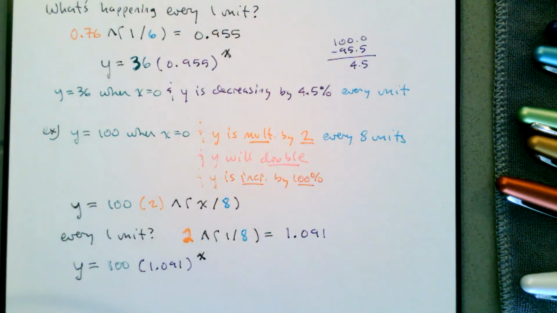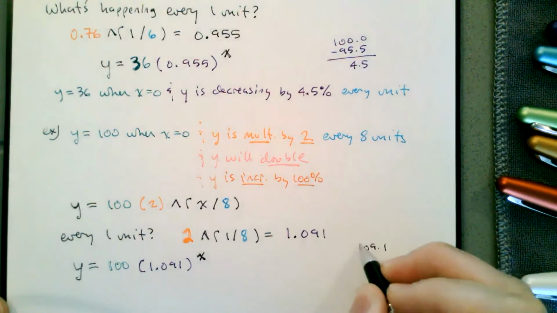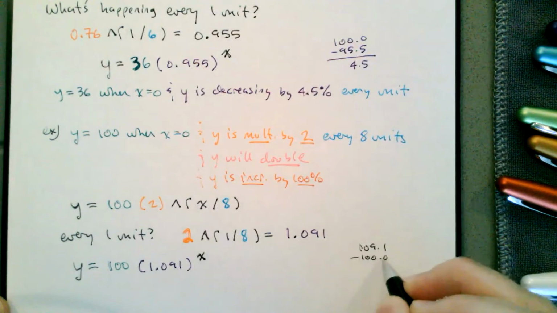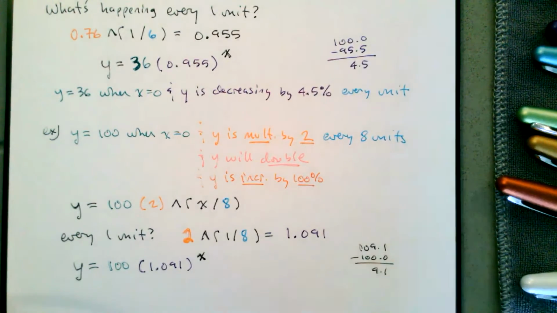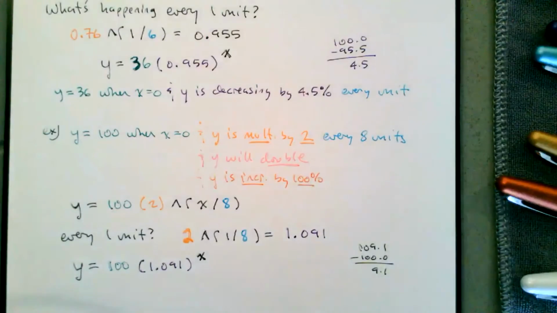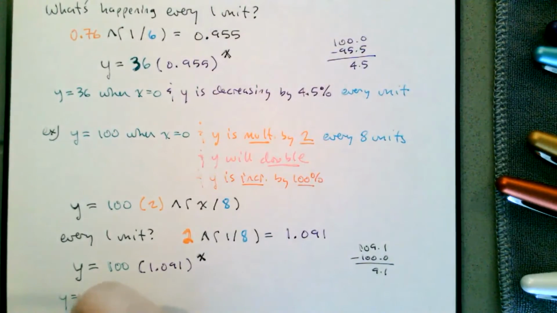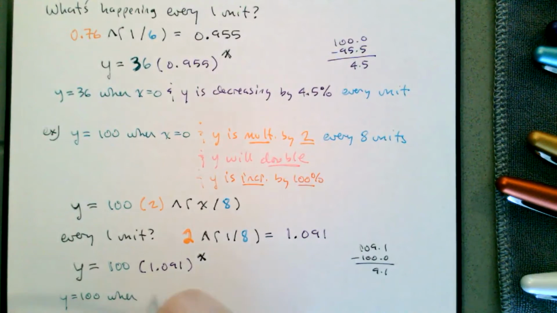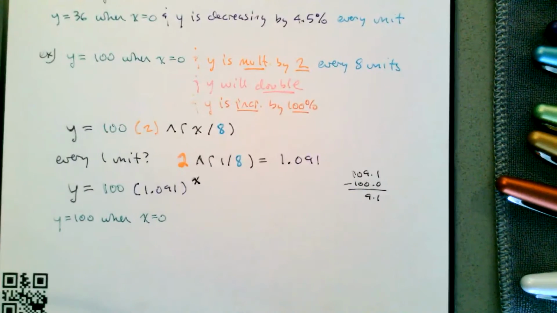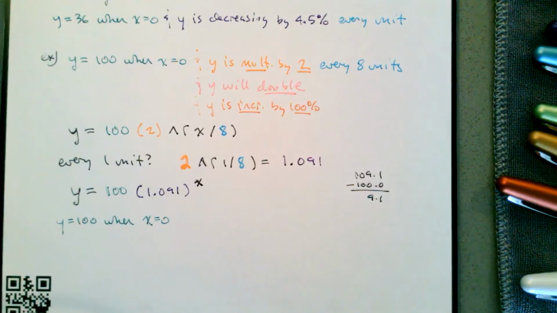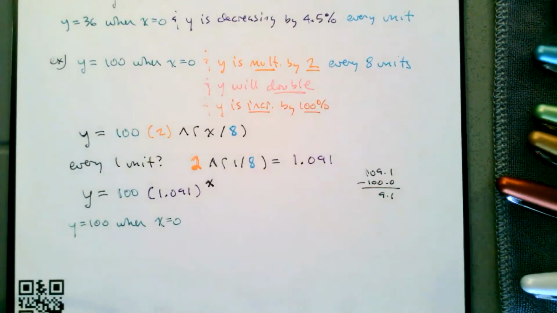If I take the 1.091 and subtract 100 from it, I take the 109.1 and subtract 100%, I get 9.1. So I could write another description of this function by saying y equals 100 when x equals 0, and y is increasing by 9.1% every unit.